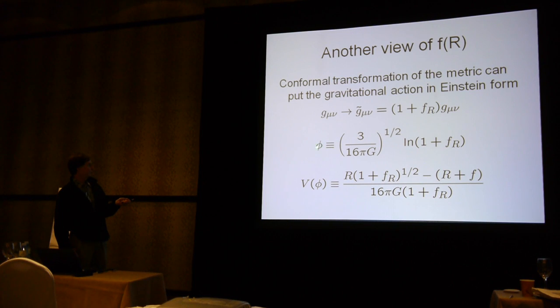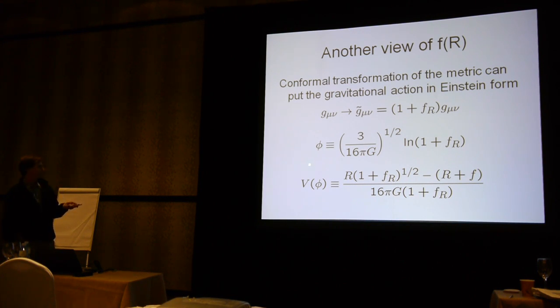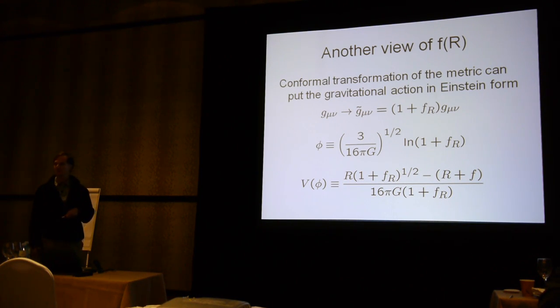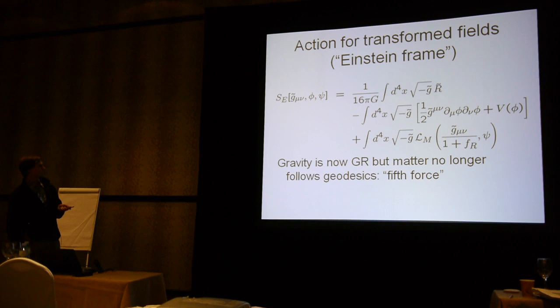One can introduce a field phi, which is related to this f sub R. In fact, we might even call this field the scaleron. And one can introduce a potential. Take these as merely redefinitions of fields in an action. We can change variables, changing here the dependent variables of our problem.